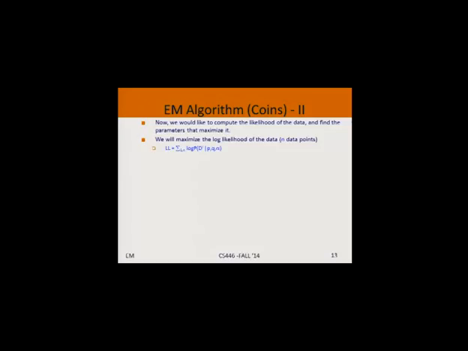So we're going to maximize the log likelihood of the data. This is the log likelihood of the data: sum over all data points, log of the probability of the data given the parameters. Now, we don't know all the data, so we marginalize over the name of the coin, so it's log, sum over the name of the coin, P of D, comma, the name of the coin.